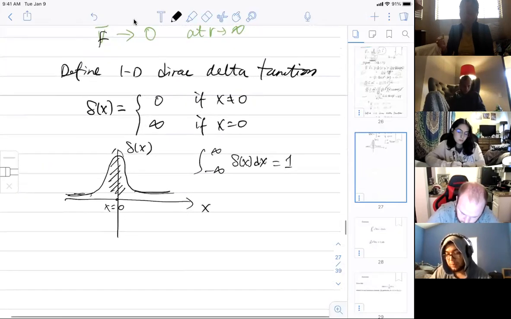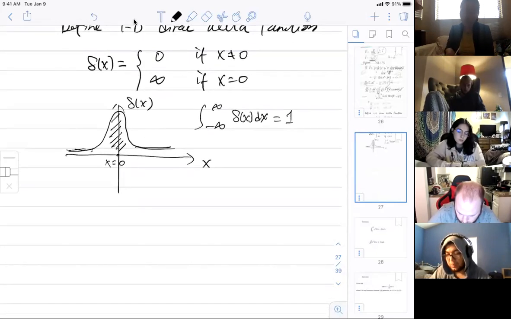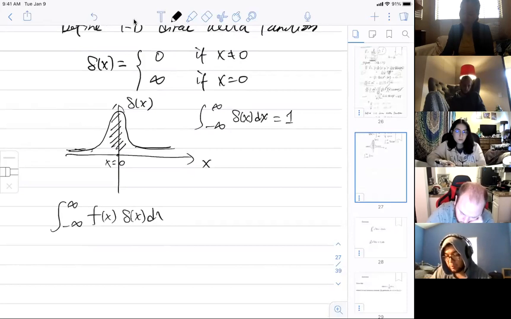Because of these features, it can be used to describe the behavior of the field that we were looking at earlier. Before we do that, let's do some practice with the Dirac delta function. If I integrate the Dirac delta function with another function f, the calculation is quite simple because delta(x) is 0 everywhere except at the origin.